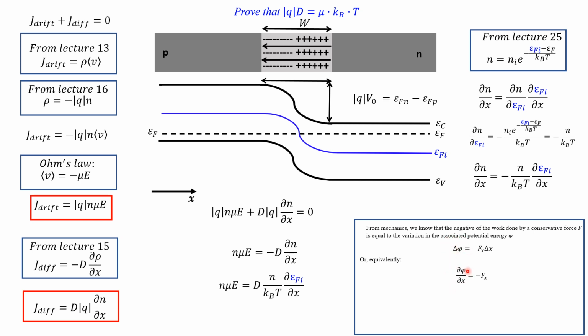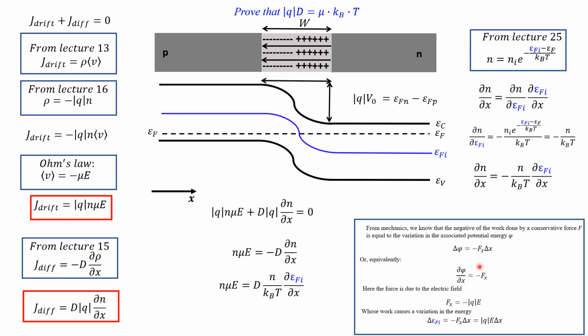In other words, the derivative of the potential with respect to space gives the force. So this is a very well-known relation in mechanics, and this is exactly the relation that connects this term, because this is the potential, with the electric field, which is causing the force.